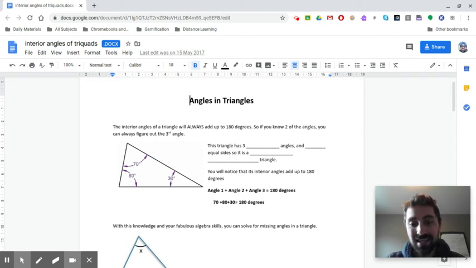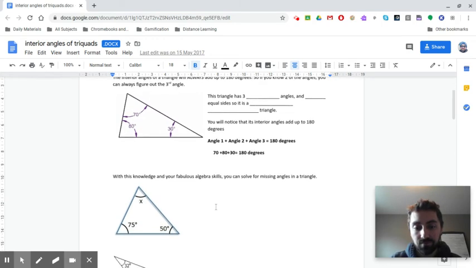You will notice that its interior angles add up to 180 degrees. Angle 1, angle 2, and angle 3 are 70, 80, and 30 degrees. Add those up and you get 180 degrees.